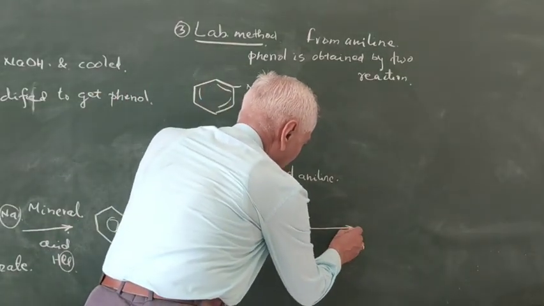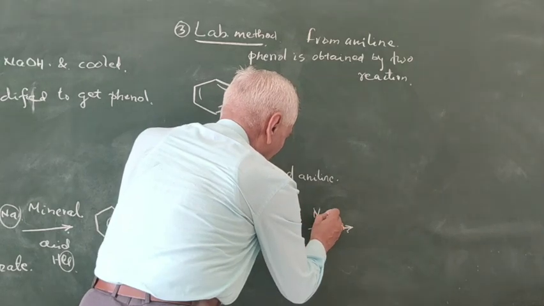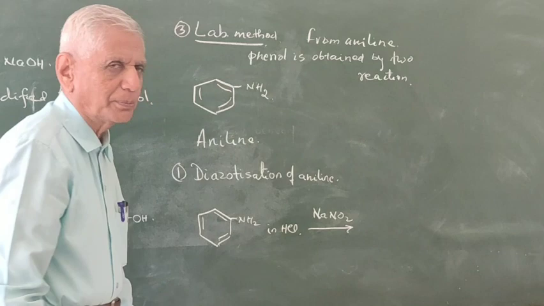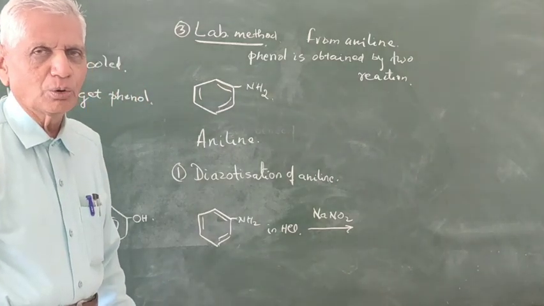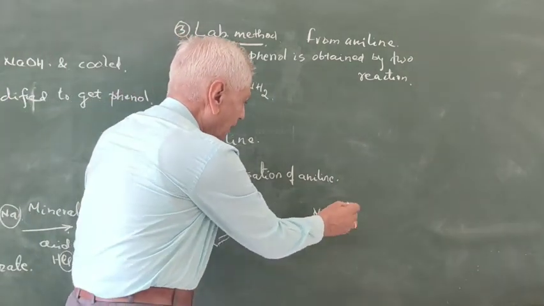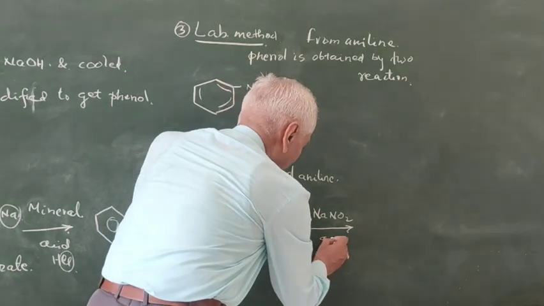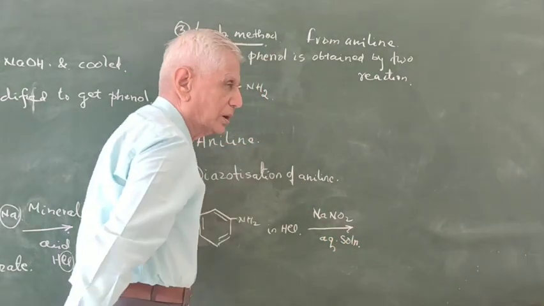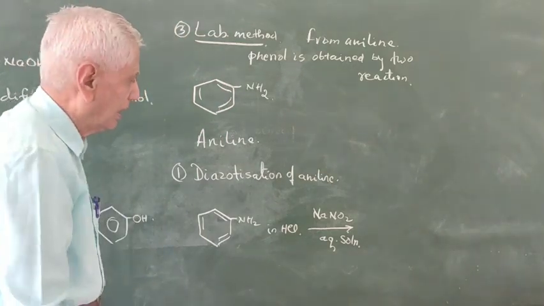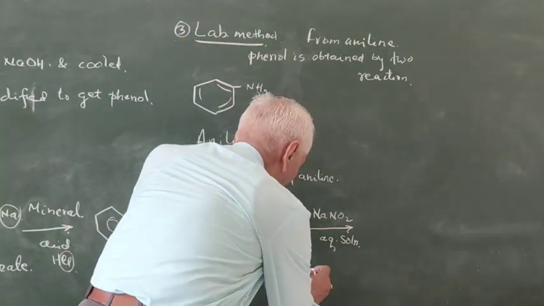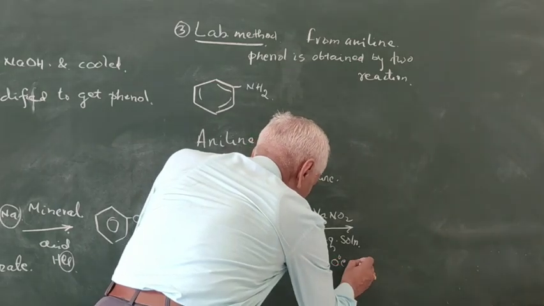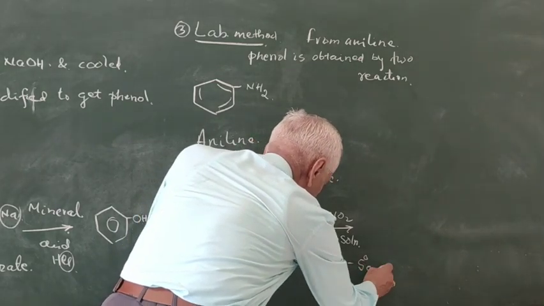The solution of aniline in HCl is reacted with aqueous dilute solution of sodium nitrite. NaNO2 is sodium nitrite aqueous solution. That means the solution prepared in water. You have to take NaNO2 solution and add this at very low temperature, 0 degrees centigrade to 5 degrees centigrade.